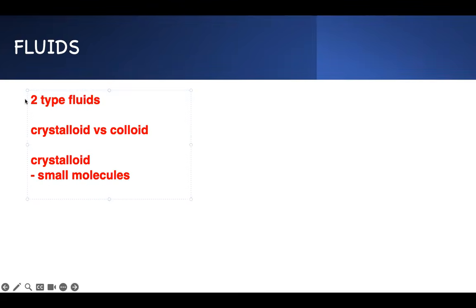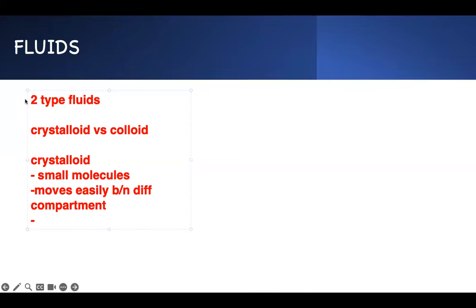It can move easily between the different compartments of your body: the interstitial space, the intravascular space, the extracellular space. These can move easily. That's the key. They don't stay in the intravascular system that long, so they can move around depending on the situation.